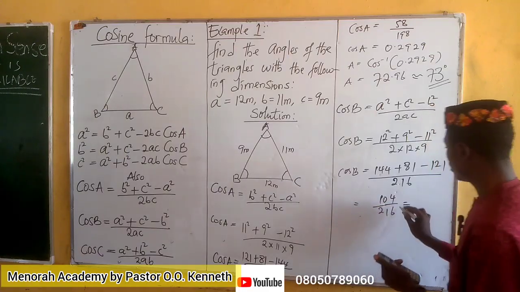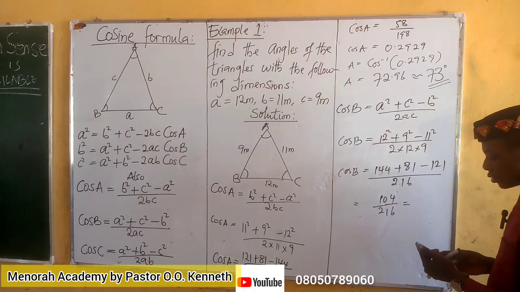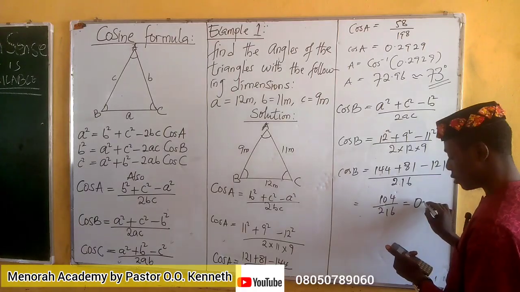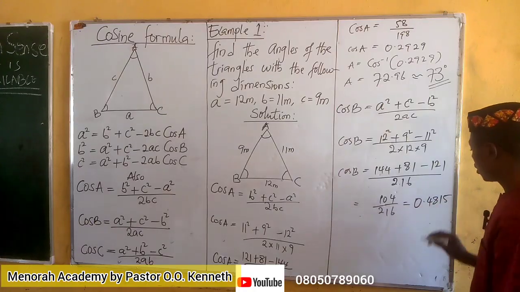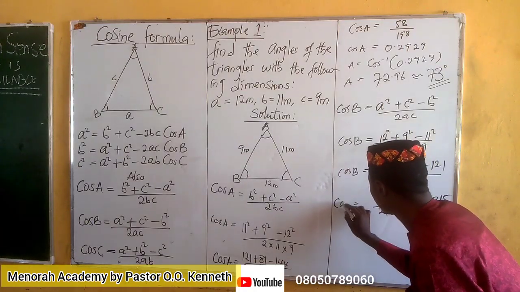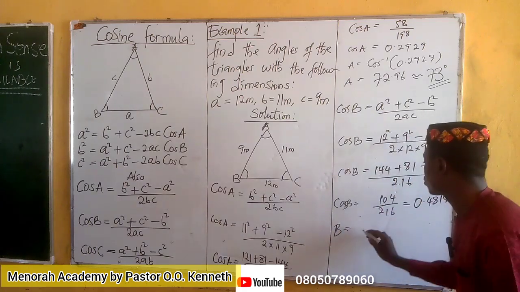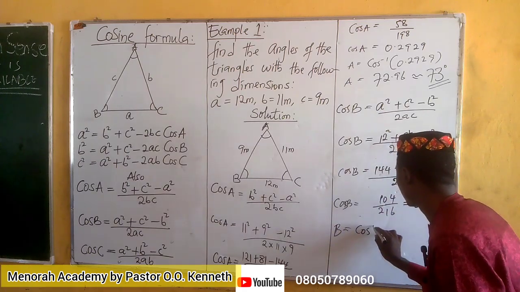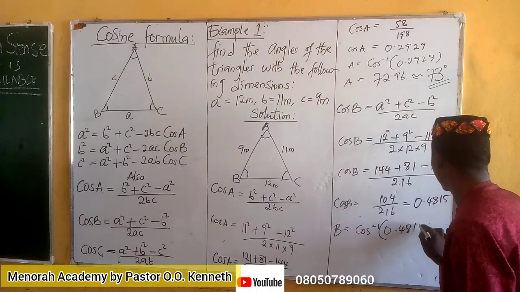So this is going to be equal to 104 divided by 216, which is going to give me 0.4815. So therefore, this is cos B. Alright, so our B now will be equal to cos inverse of 0.4815.